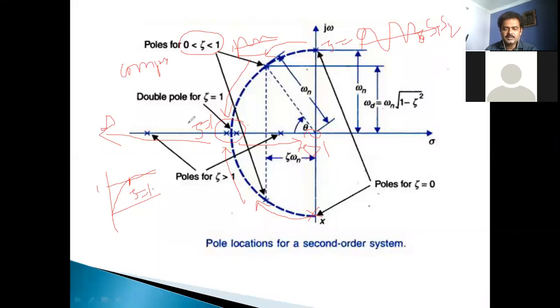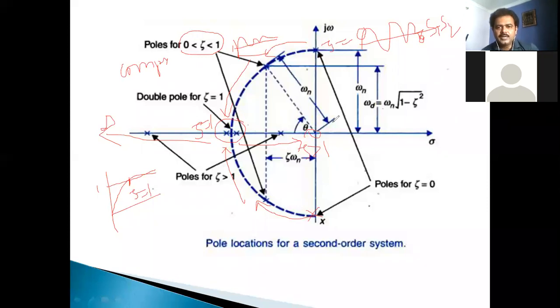Otherwise, if we know the zeta value, we can guess the response. If we know any of these values, we can guess the output, whether it is stable or not.